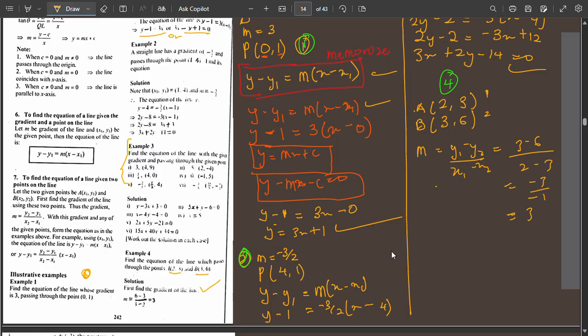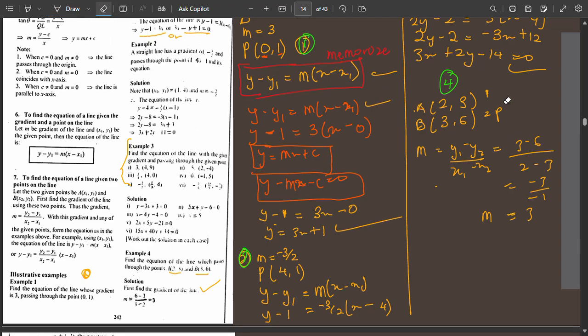Now that we have the gradient being 3, we can use the same formula, using any of these points. I can choose to use point A or choose to use B. You can choose any of them. I will choose A because A comes first.